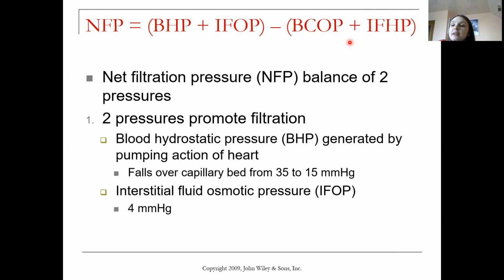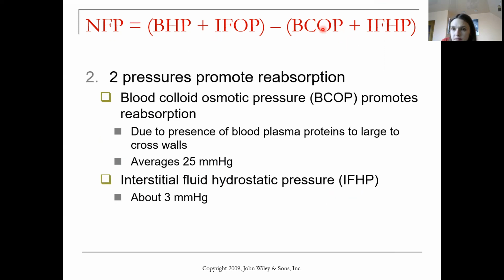Then we need blood colloid osmotic pressure, which is based on the level of plasma proteins, and its average value is 25 millimeters of mercury. And interstitial fluid hydrostatic pressure is generally about 3 millimeters of mercury.